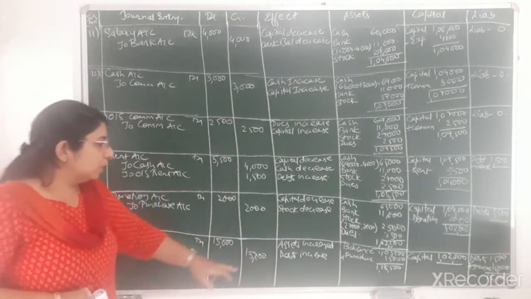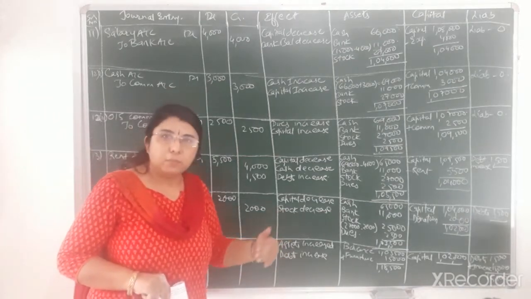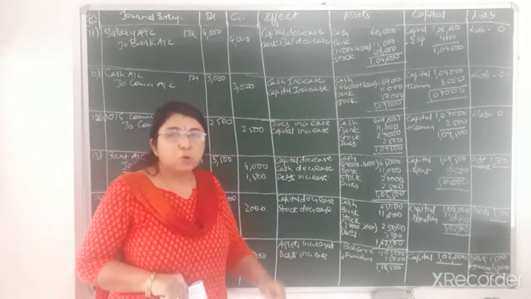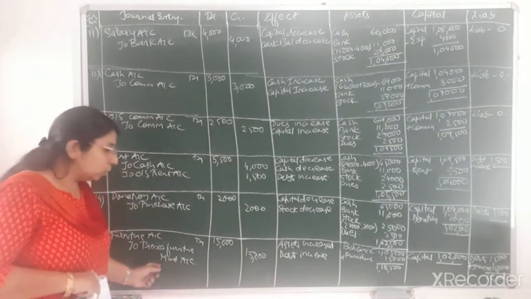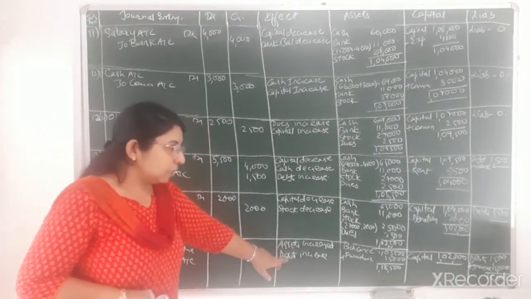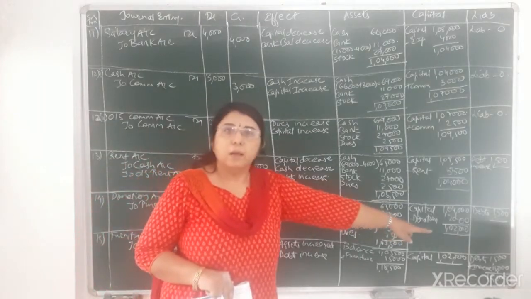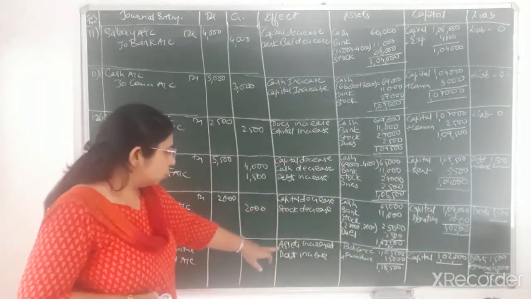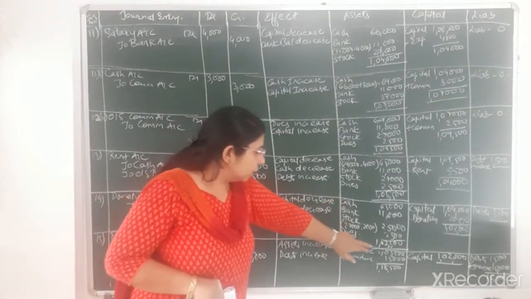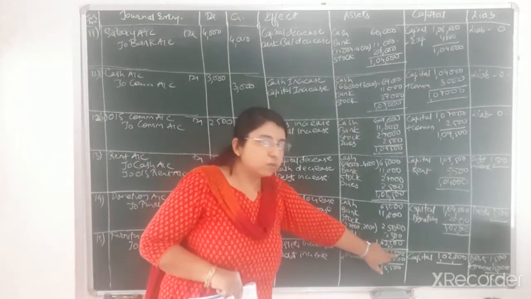15,000. Now what would be the effect of it? Furniture will come in the business, so assets will increase, and debts will also increase because in future we have to pay that much amount to Preksha Furniture Mart. Okay, so one effect would come in assets and the other effect would come in the liability. Okay, so you can see in the assets, the total of the balance of the previous transaction would be as it is, that is 1,03,500.